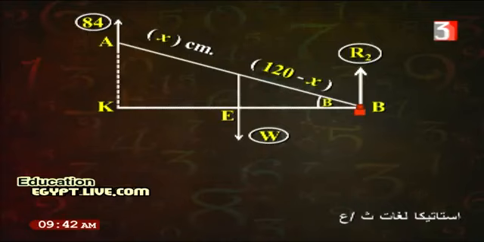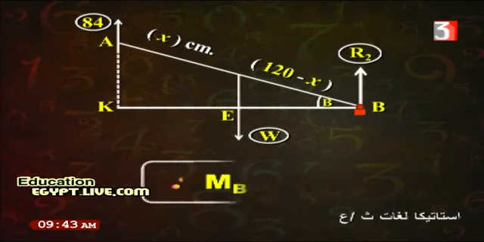Then we have R2, the reaction of support at B. Therefore, we deduce that the weight of the rod W acts at a distance X from A, then from B it is 120 minus X. Why? Because AB equals 120. Look at ACX, therefore BC equals 120 minus X.